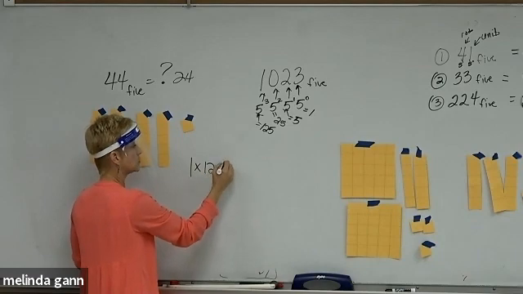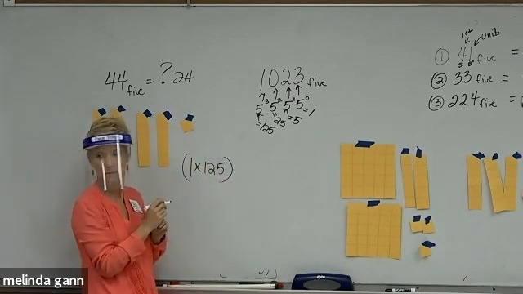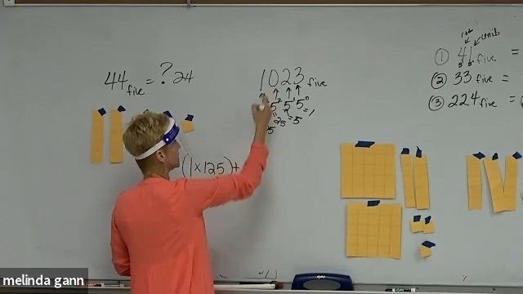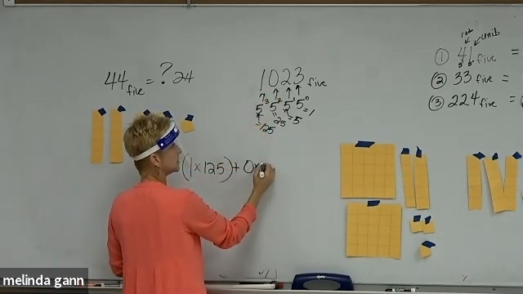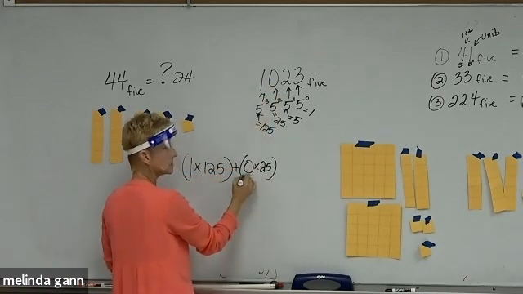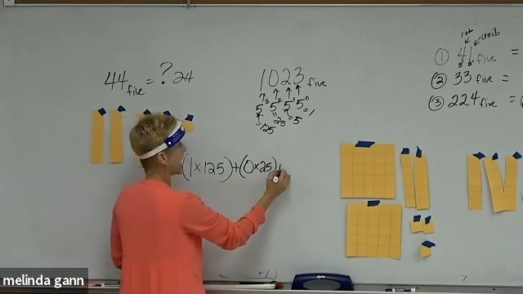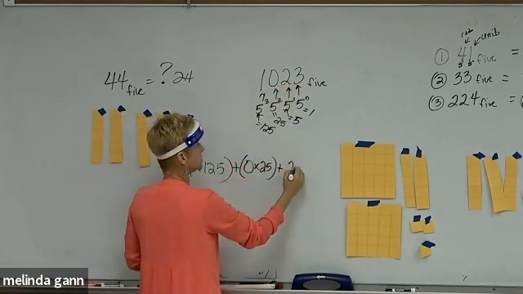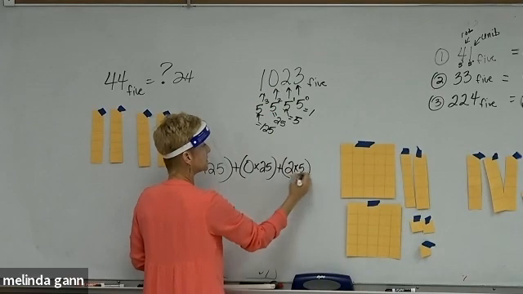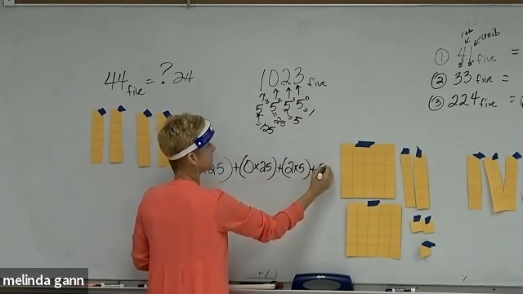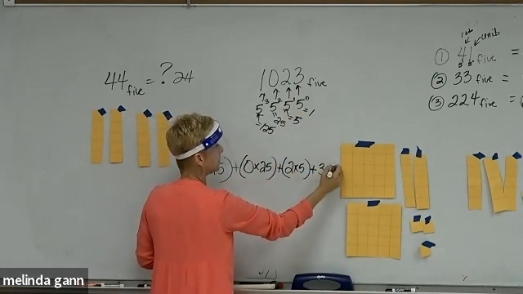I have 1 125. Plus I have what? No what? 25s. Plus I have what? 2 5s. Plus I have what? 3 what? 1s.